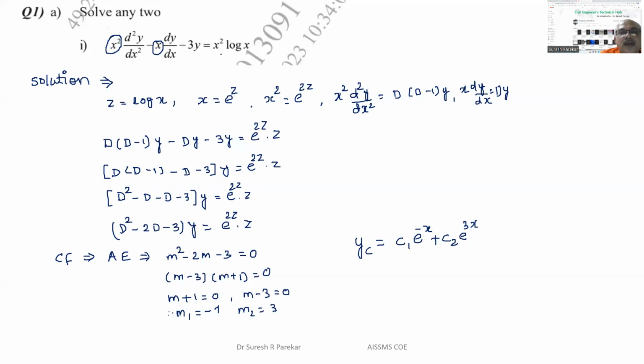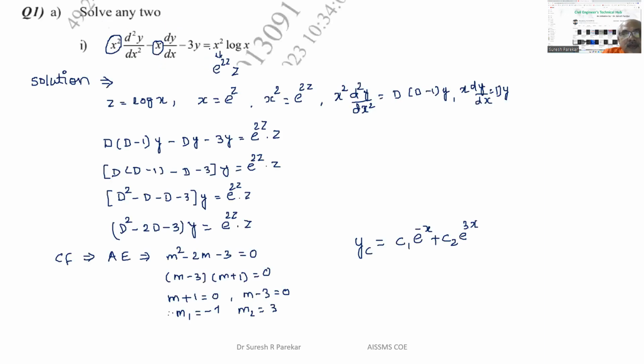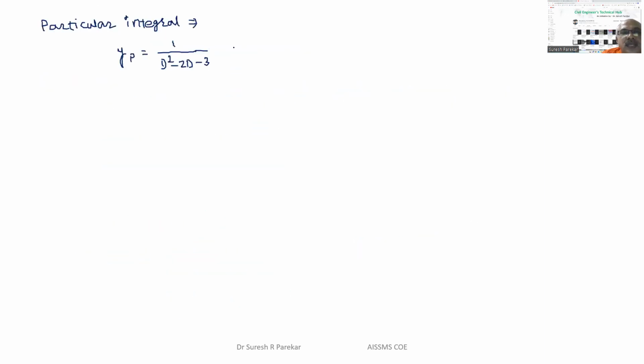And then we will go for the particular integral. So x square we put as e to the power 2z, and log x we have z. So we have the particular integral yp equal to 1 upon D square minus 2D minus 3 into e to the power 2z into z.